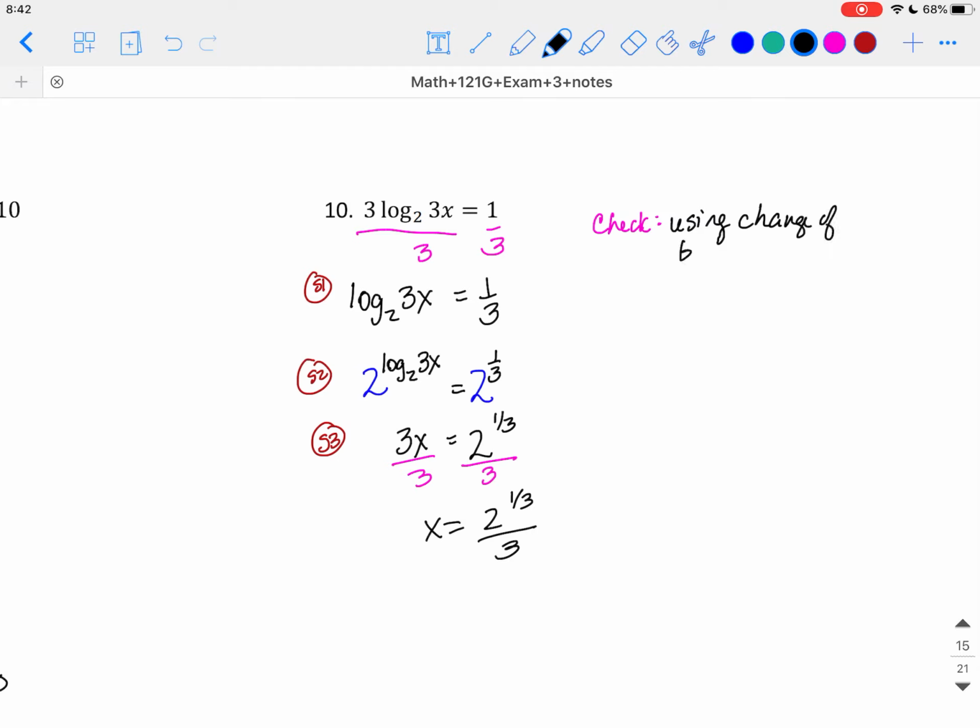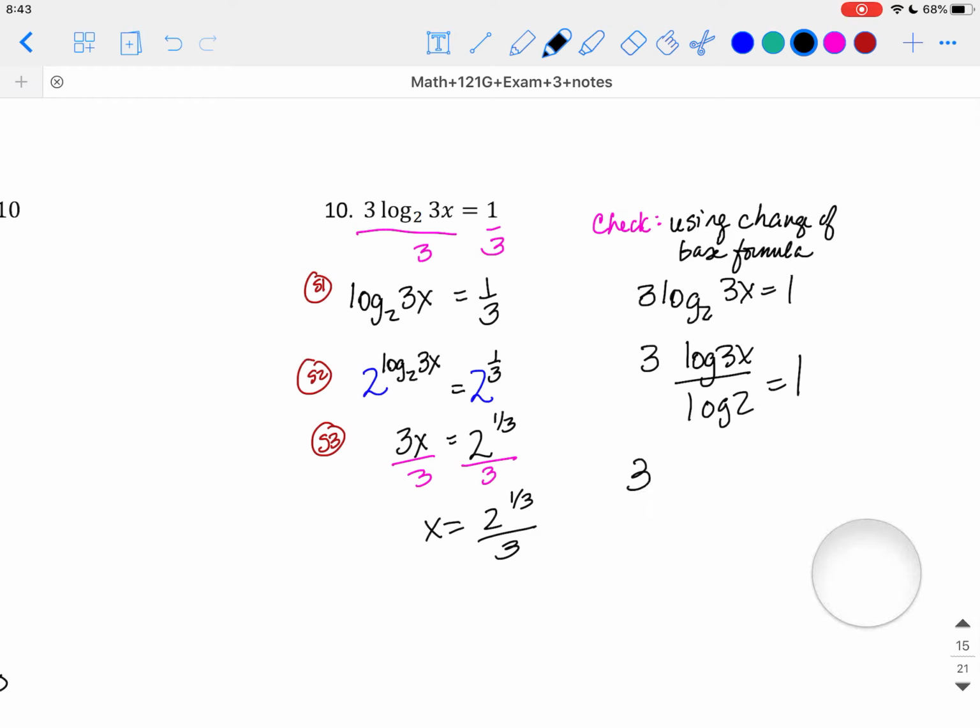So using change of base formula, this is going to be 3 log base 2 of 3x is equal to 1 is going to be 3 log of 3x over the log of 2 is equal to 1.